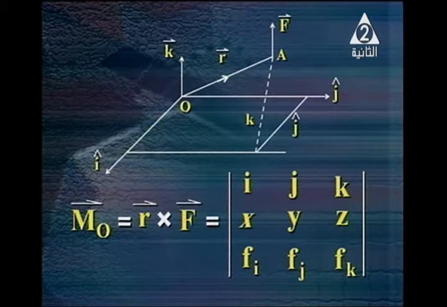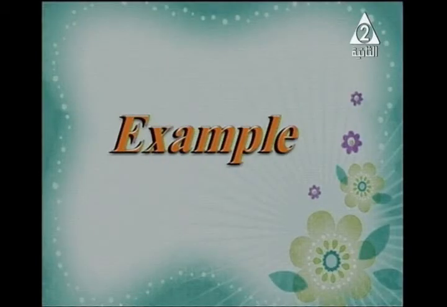Why? Because we have 3 directions, X, Y, Z. We put I, J, K in the first row of the determinant, the coefficients of R, X, Y, Z in the second row, and the coefficients of F, Fx, Fy, Fz in the third row. After that, we find the value.